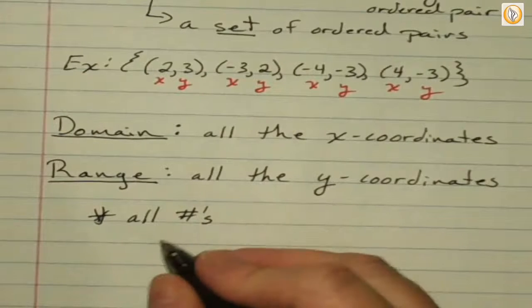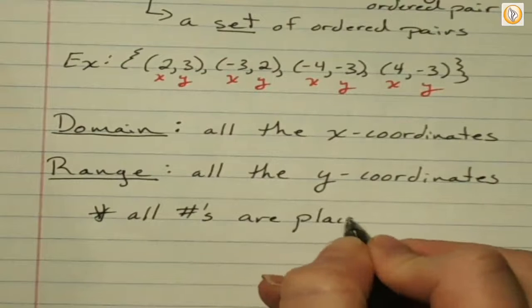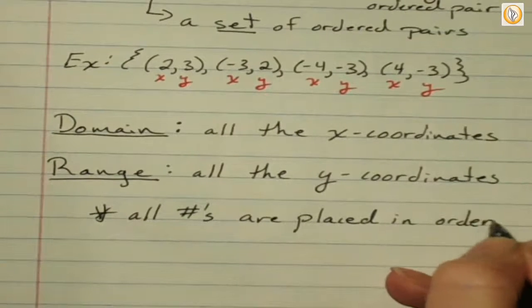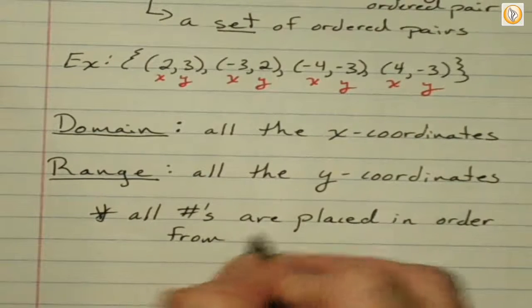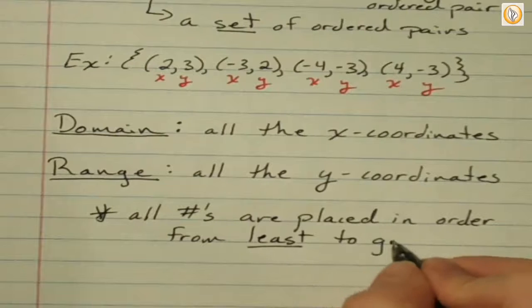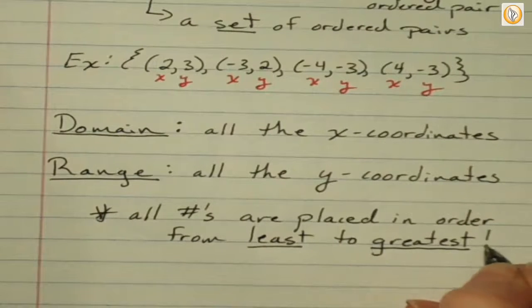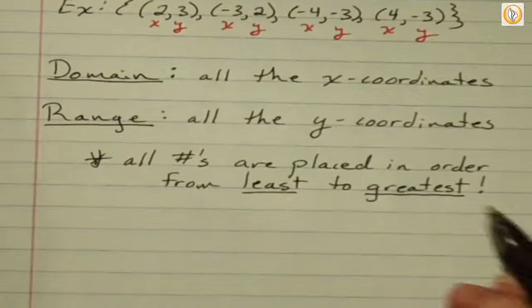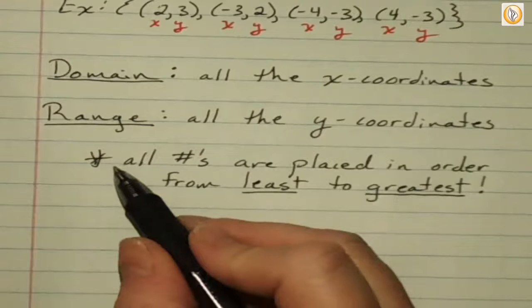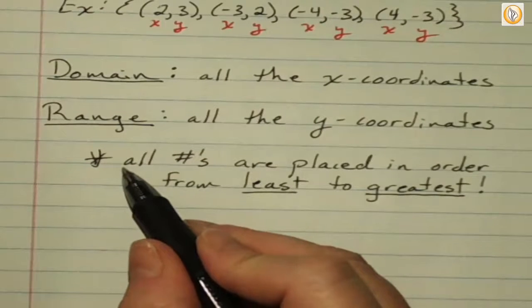All right, all numbers are placed in order from least to greatest. If you want to be grammatically correct, capitalize that A right there.